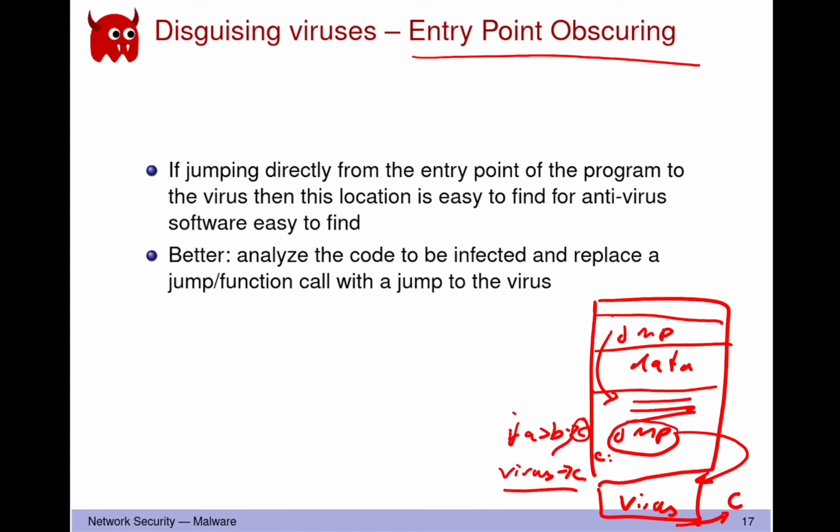So the antivirus software has to analyze every jump, whether it's a regular one or not, and then it becomes more difficult to identify whether it is really a regular jump. So you analyze your code to be infected, replace the jump with a jump to the virus, and after the virus has finished, you jump back to the regular place where it should be executed. So this is entry point obfuscation.